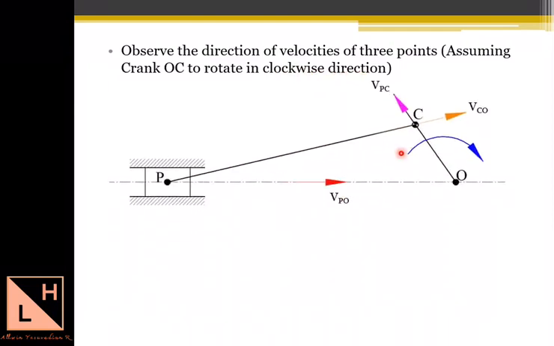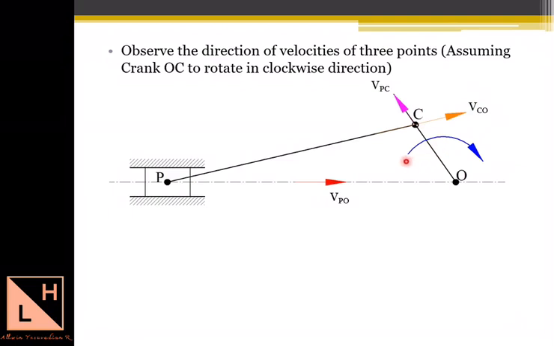Now here you see in this diagram, the crank is subjected to clockwise rotation, and the crank is nothing but OC, and we all know that point O is actually fixed. So when this point O is fixed, this crank OC is going to rotate completely for 360 degrees in the clockwise direction. And while this crank is rotating, the point C will be moving at a certain velocity which is given by VCO.